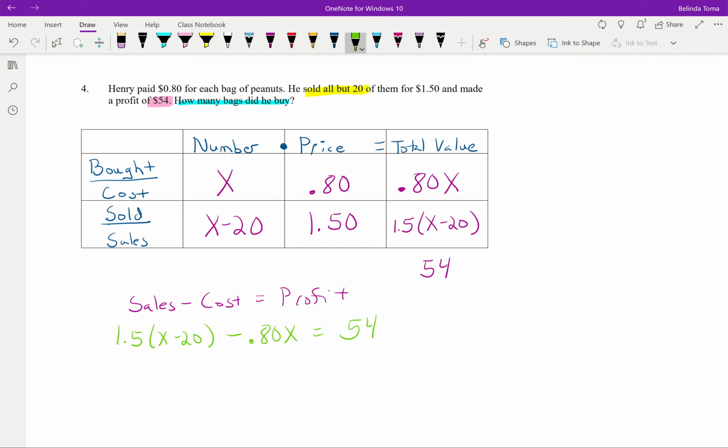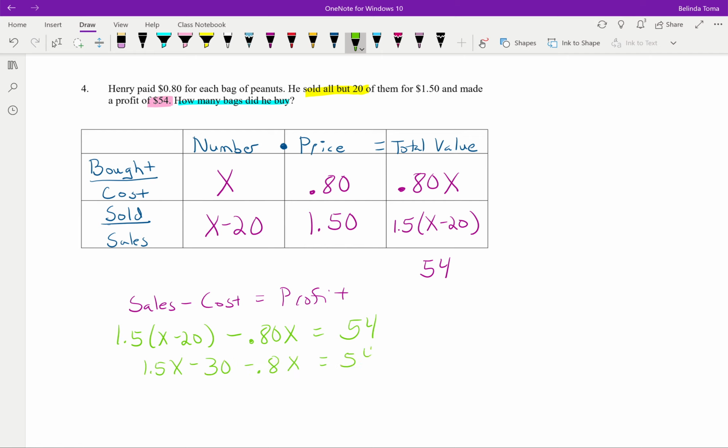All right, so again, I'm going to go ahead and solve this one just because I haven't solved any of the others. So when I distribute the 1.5, I'm going to get 1.5x, and that's going to be 30 minus 0.8x.